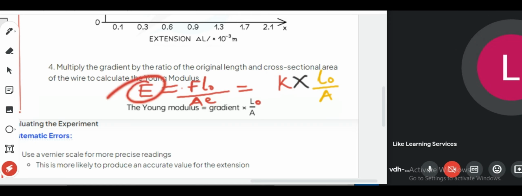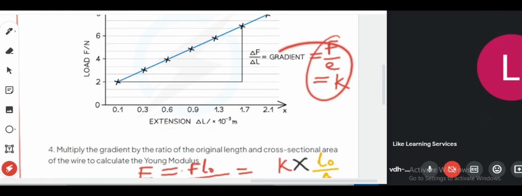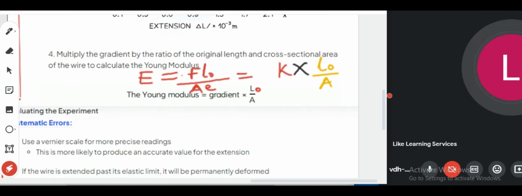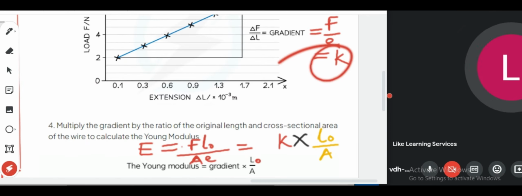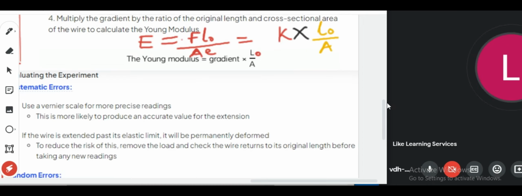So the Young modulus is this spring constant which we got, the slope here, times unstretched length over the cross-sectional area. So it's the gradient, the slope we found, times original length over cross-sectional area. We use that to get the Young's modulus.